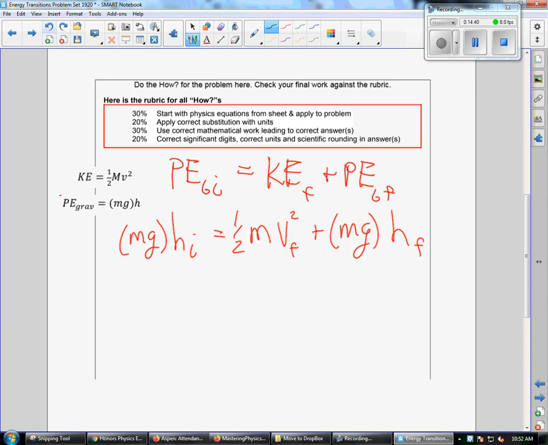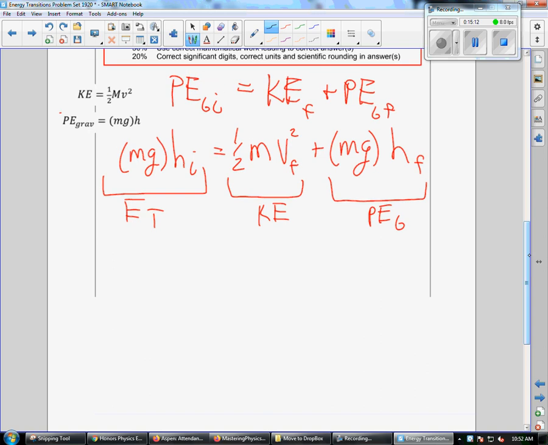So this is my E total. That's my total energy, right? Because that equals that. Here's my KE at this point. Here's my PE grav that they want at this point. So really, now I need to figure out these individuals, right? Because they don't ask me something about the whole thing.